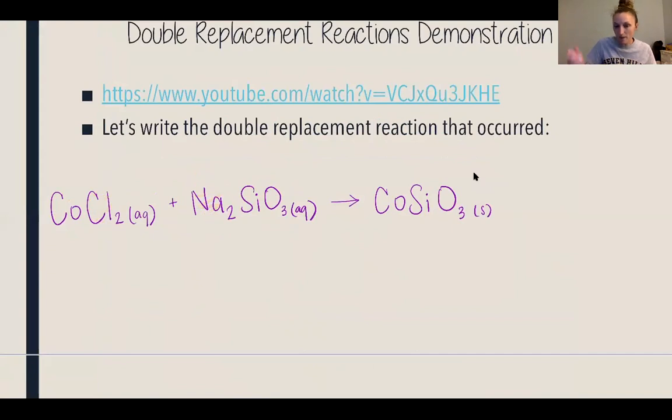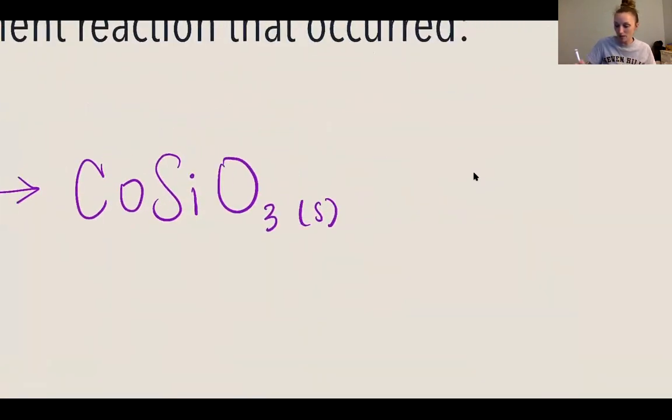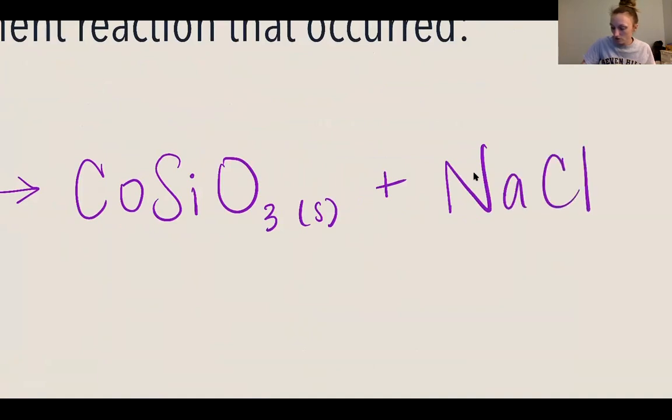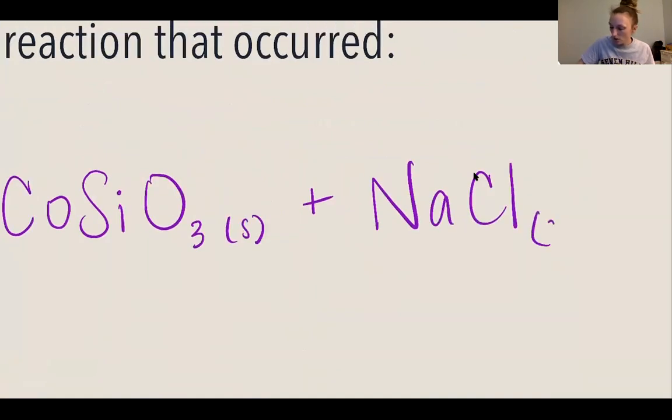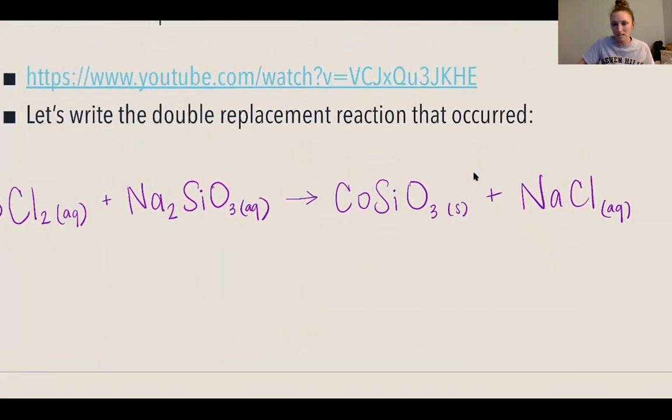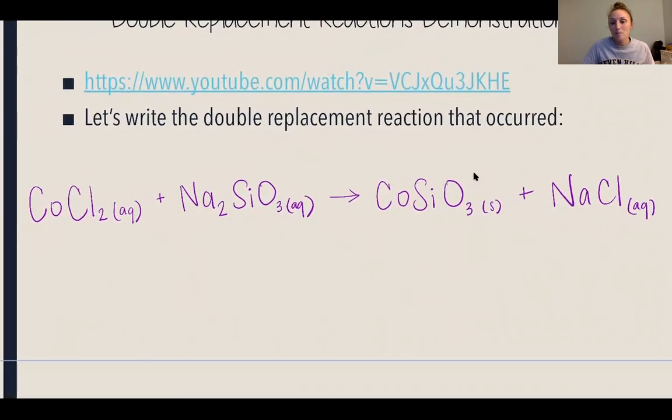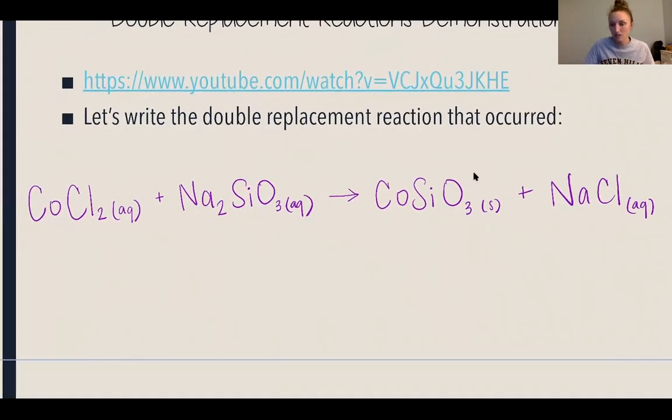And I'm hoping that by this point in time, you realize when sodium and chlorine come together, you get sodium chloride, NaCl, salts. And salt was that clear, aqueous solution that was in the bottom of that tube that you were looking at. Okay. To balance this, we need a 2 here.